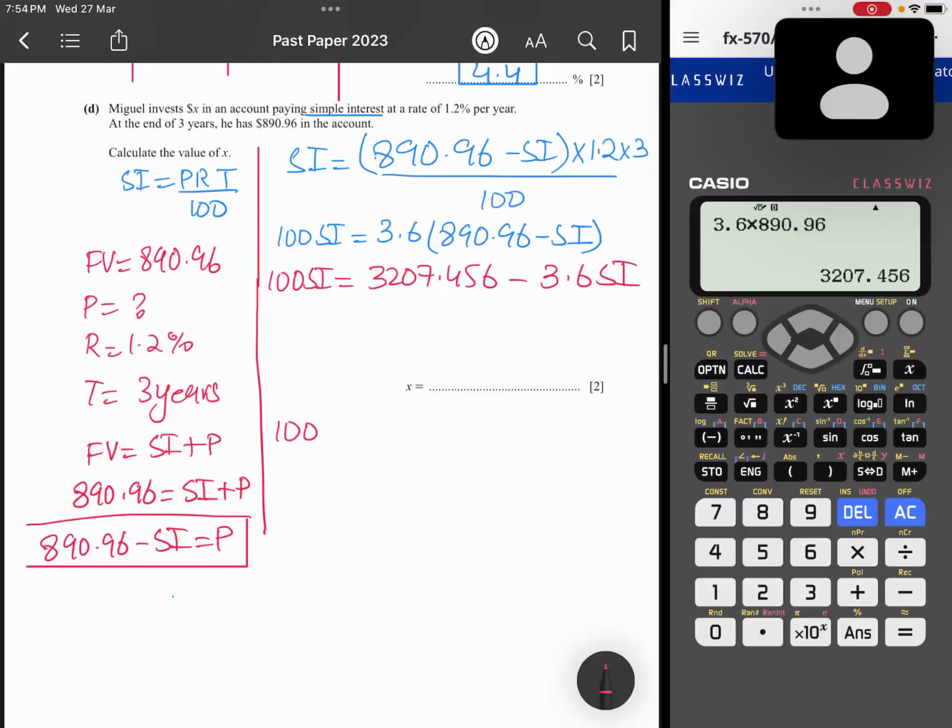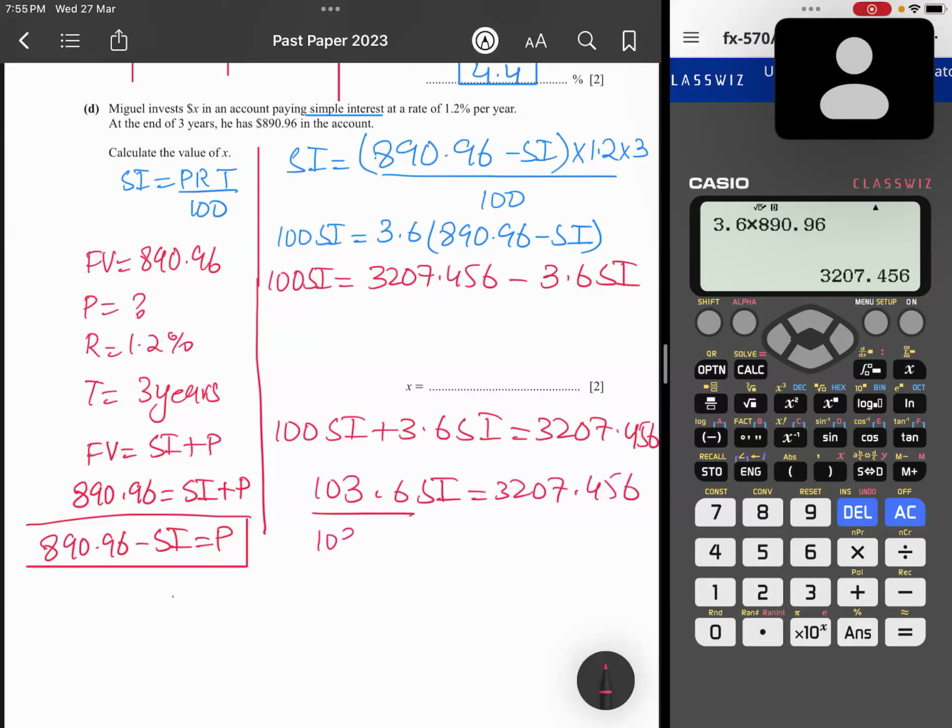So that would be 100 simple interest plus 3.6 simple interest is equals to 3207.456. So 100 plus 3.6 would be 103.6 simple interest is equals to 3207.456. Divided by 103.6 on both sides, simple interest is equals to 30.96.